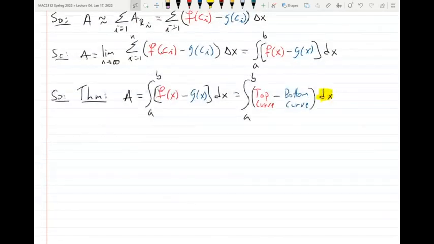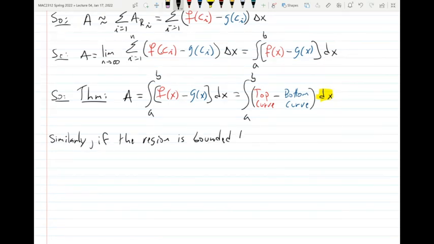So let me just say here, similarly, if the region is bounded by two curves that are defined in terms of y instead of in terms of x. So for example, x equals f of y, and x equals g of y.